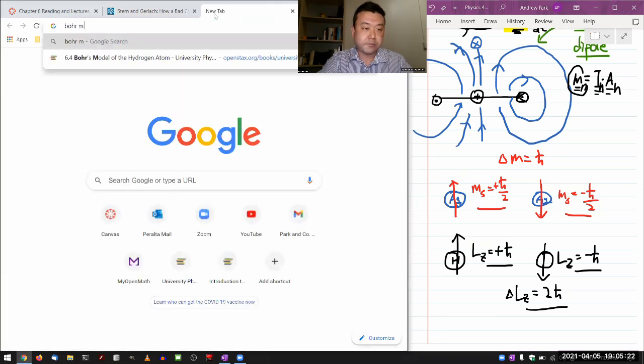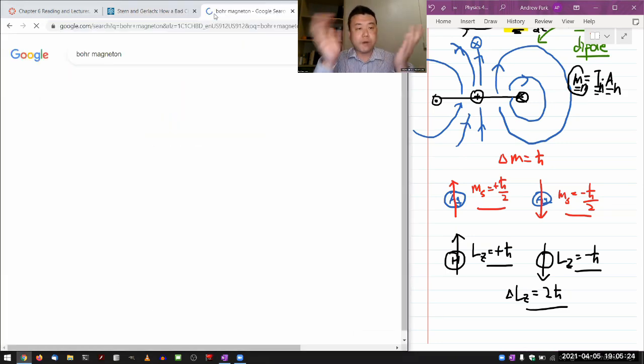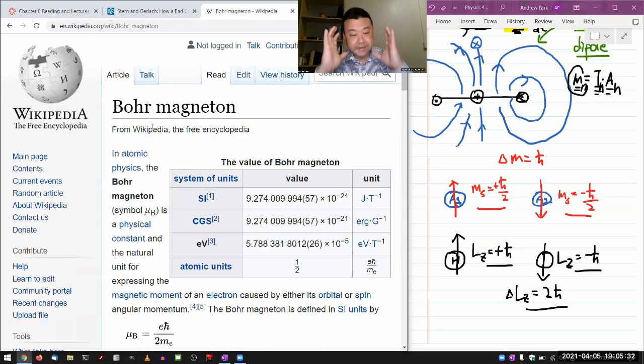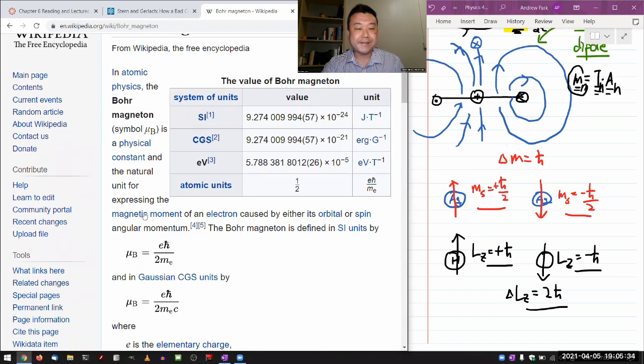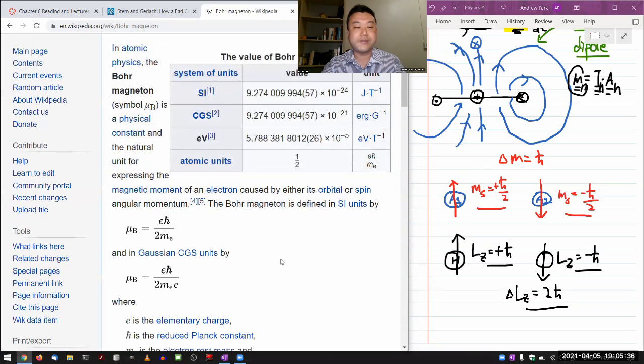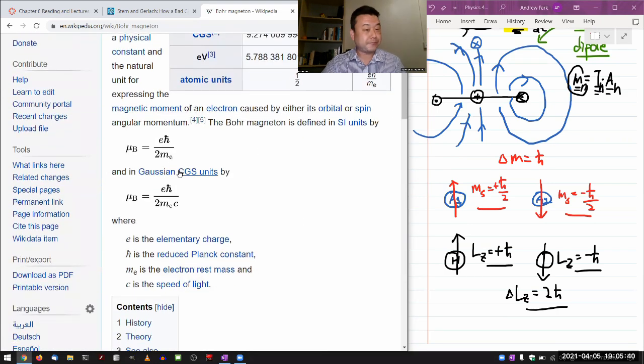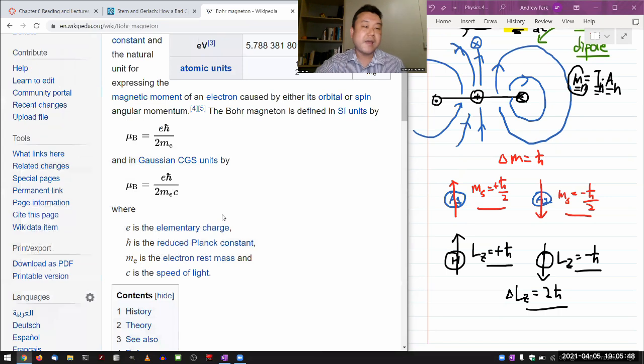The Bohr magneton is the quantity that we use to specifically talk about the magnetic dipole moment associated with the orbital angular momentum. There's a charge there, and you can go through the derivation if you want.